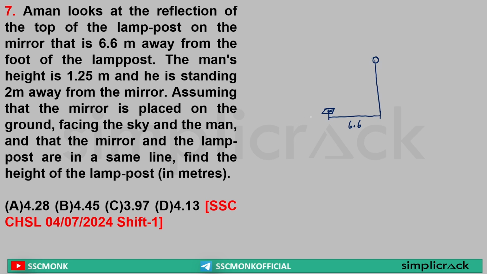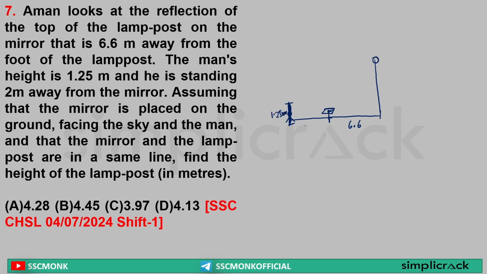That means what? First the man will come, then the mirror will come, then the lamppost will come. So here who is looking? The man. You are looking. And the height of the man is 1.25 meter. My bad. So this is 1.25 meter.